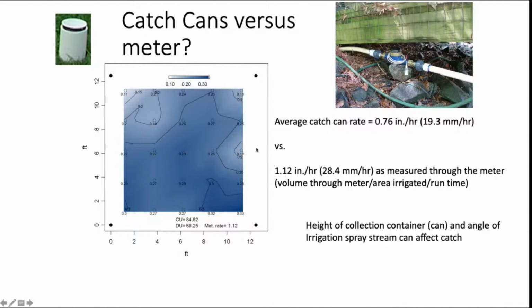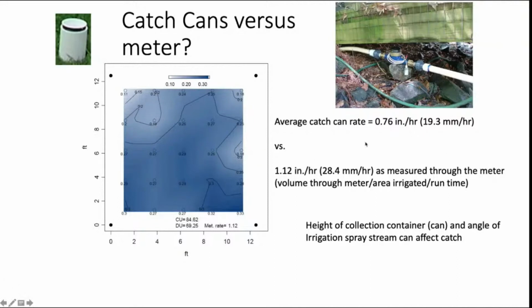The other thing you have to watch out for is when you put catch cans out, if the stream of water is at a low angle and it bangs up against the can, it doesn't fall vertically into the can like rainfall does. You might see a much lower catch rate in the cans than you would if you looked at what went through the water meter, divided by the area and divided by the unit time you applied it, to get its rate.